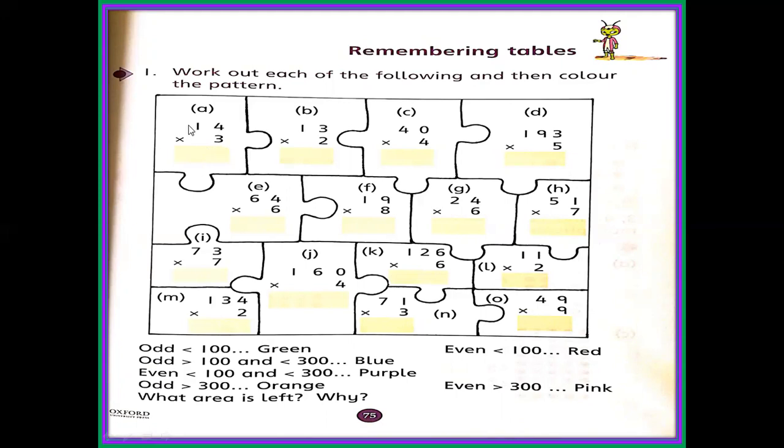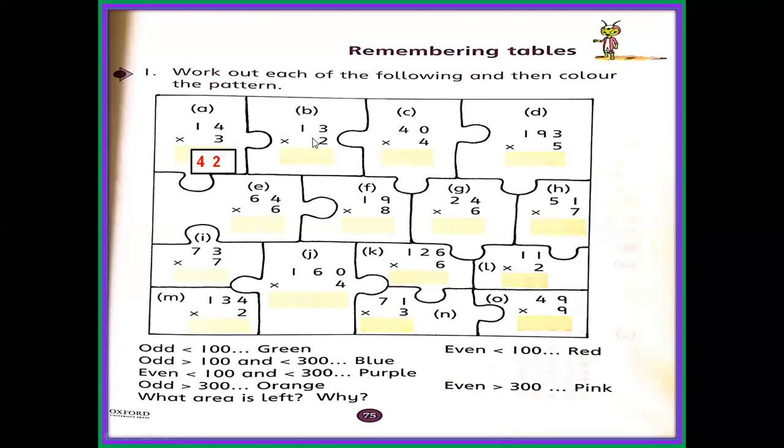First of all, 14 multiply 3. 3 fours are 12. So write only 2 and 1 will go to add into tens. It means we are converting ones. 3 ones are 3 plus 1, 4. So what is the answer? 42.